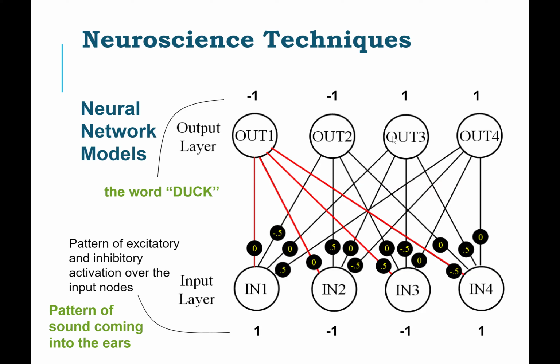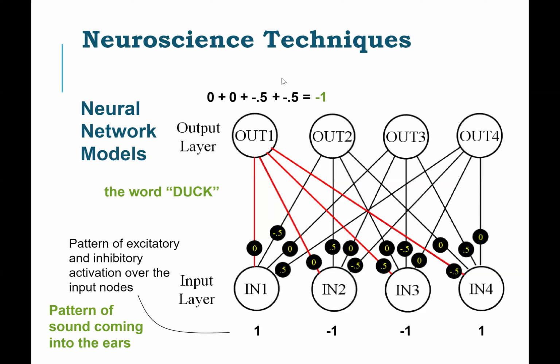These are different outputs, right? And each output has its own connections. Each cell has its own connections, right? So let's work it for output 4. Output 4 gets input 1, which is the state 1 times the weight.